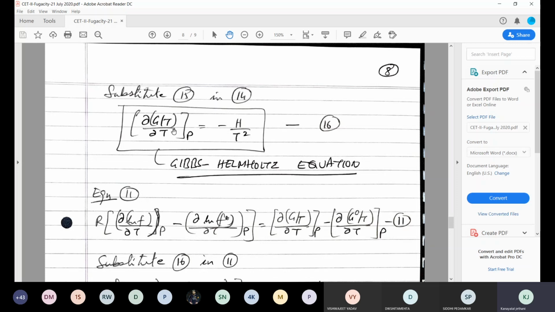Exactly same. यहाँ पर G की जगह पर μi हो गया था, because we are replacing Gibbs free energy with partial molar Gibbs free energy. बाकी इक्वेशन सेम है, ये इक्वेशन आया था बिल्कुल.